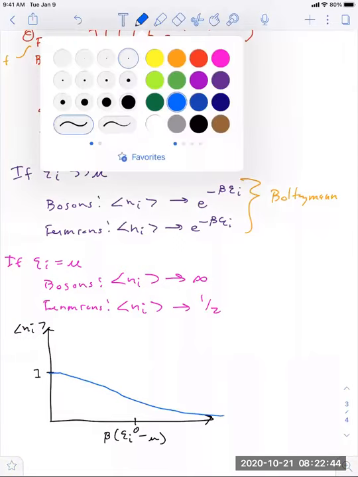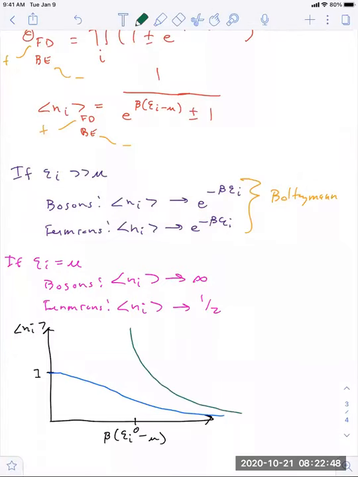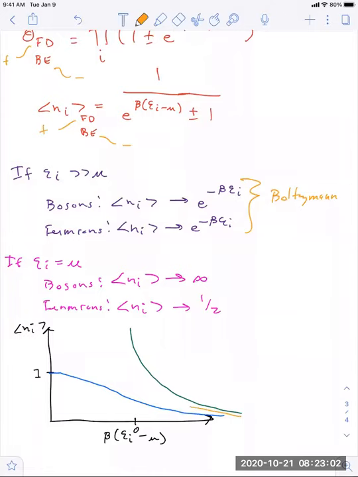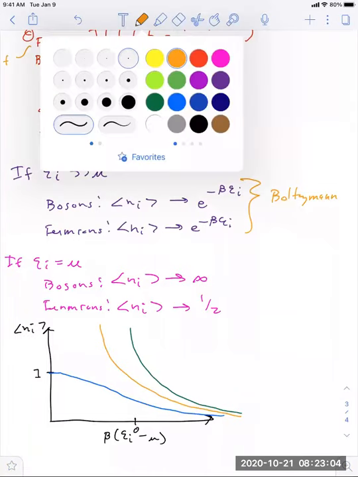Then for bosons, the occupation is very high at low energies, kind of asymptoting at 0. And then the Boltzmann distribution looks very similar to bosons, except it allows occupations at these energies minus chemical potentials less than 0. So again, these are bosons, classical particles in orange, and then fermions in blue.